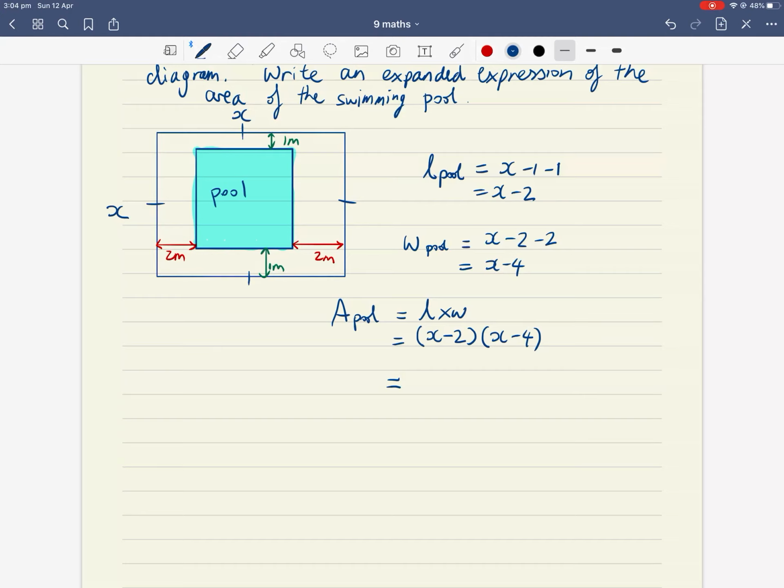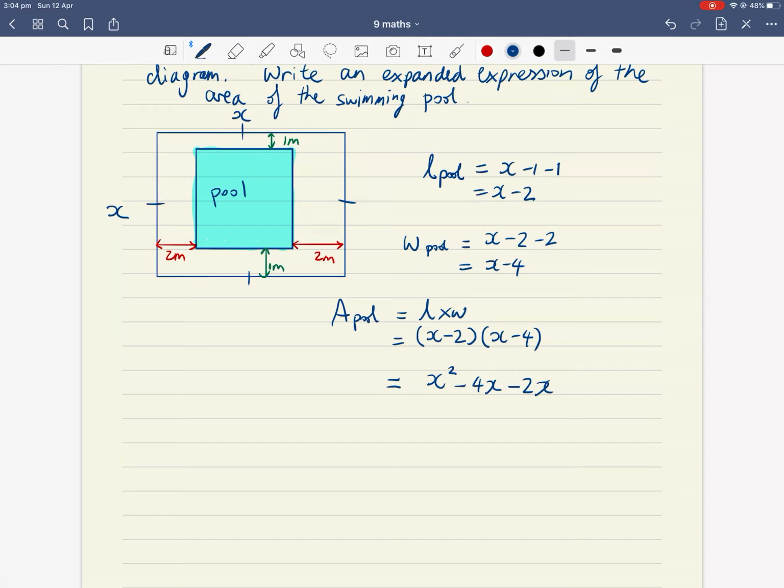So we can apply FOIL, our distributive law for binomials, to figure out what this expanded expression is. So first we have x times x, which is x squared. Then we have our outer, so FOIL: first, outer, inner, last. Outside we have x and -4. Don't forget about the negative sign, so that's minus 4x. We have inner, which is -2, don't forget the negative sign, times the x.